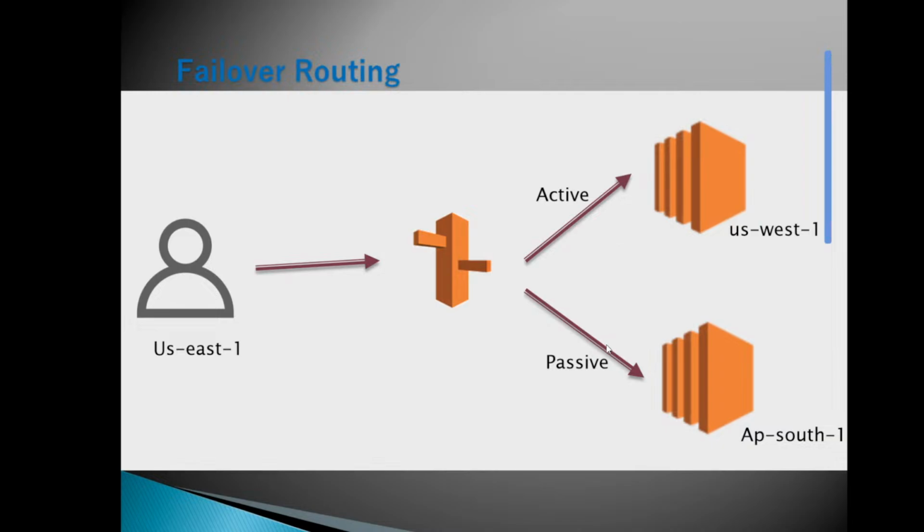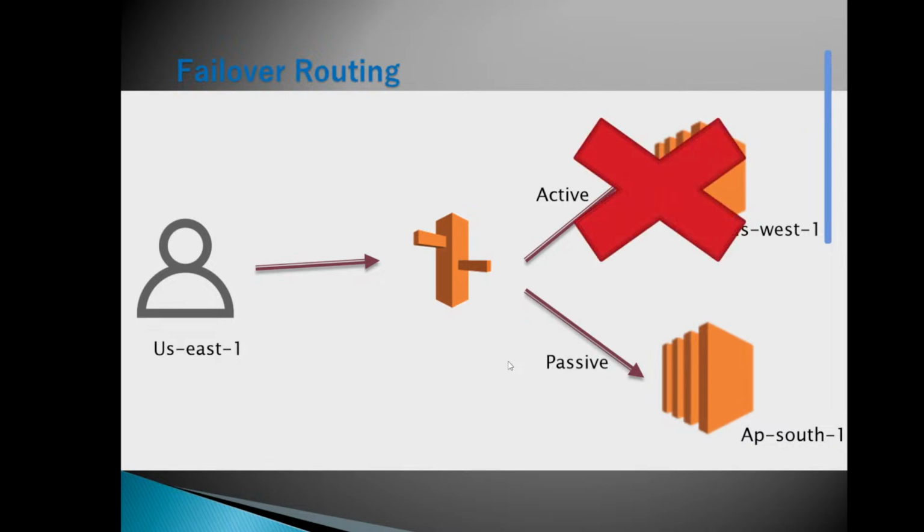When you configure an active passive configuration in Route 53, all the requests will go to the active one. Until your active server goes down, there will be no traffic on your passive one. But as soon as your active server goes down, all the requests will go to your secondary server, your standby server.